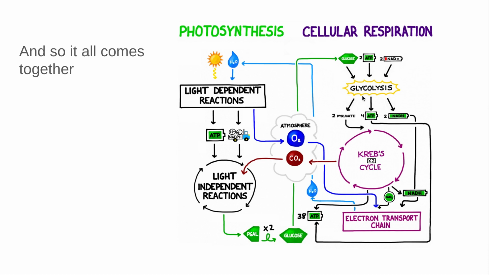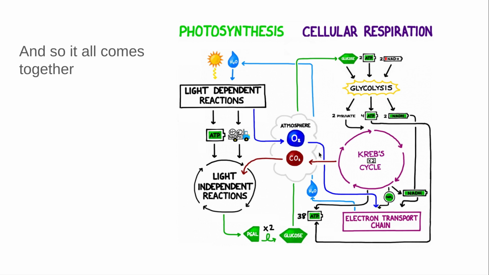The oxygen comes in later, but the glucose is used in glycolysis to make pyruvates, and pyruvates are then broken down into acetyl-CoA molecules, and they enter the Krebs cycle, and the NADH and the FADH2 that are produced here are converted into ATP molecules as part of the electron transport chain. So you end up with a ton of ATP, and in the process oxygen comes in and carbon dioxide is released.